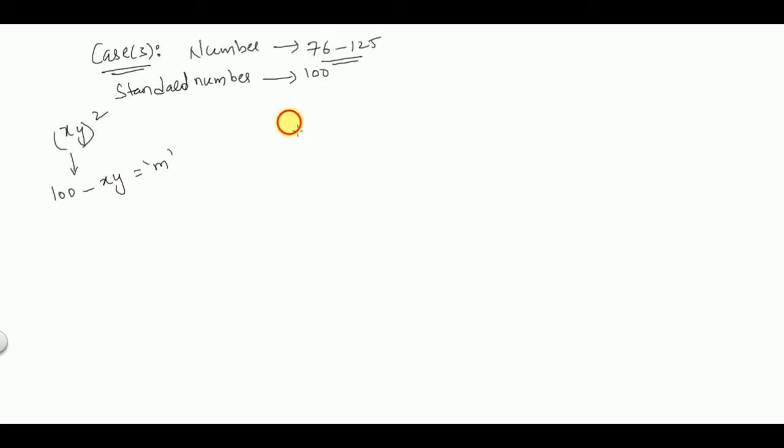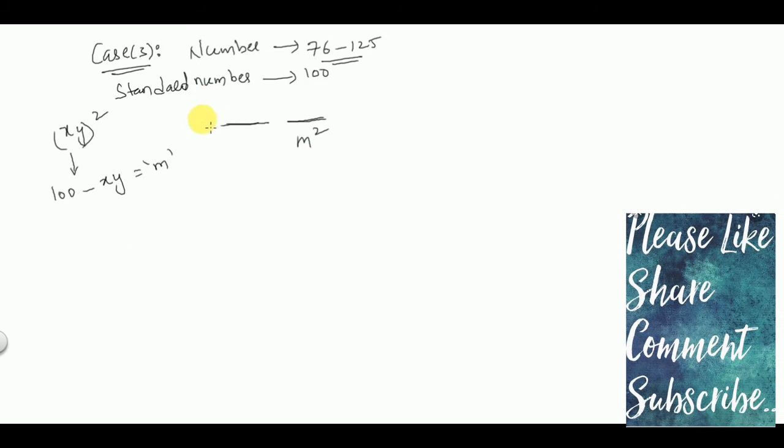So the units digit and tens digit of the resultant will be m square, just as in the previous case, and the remaining digits will be xy plus m or xy minus m.